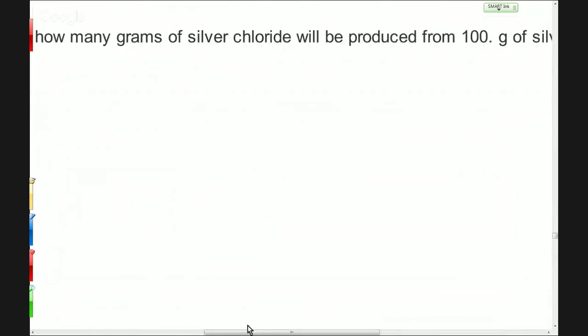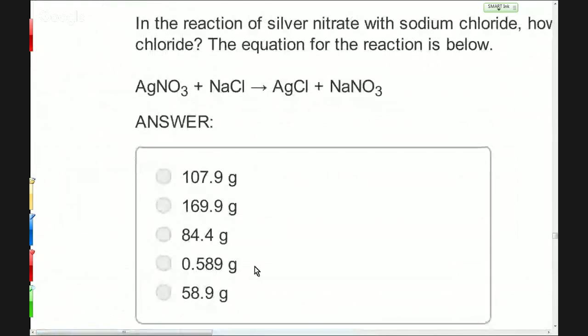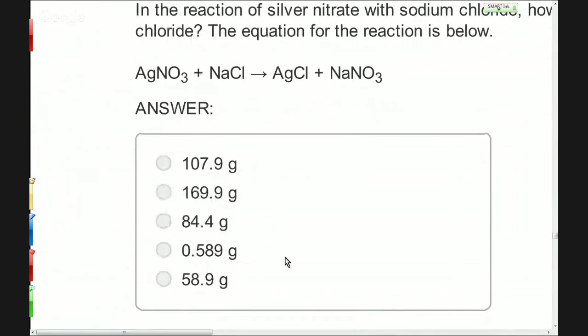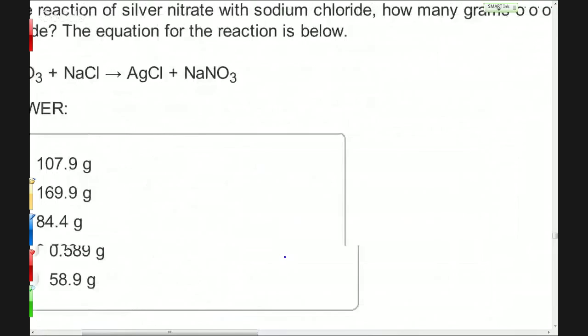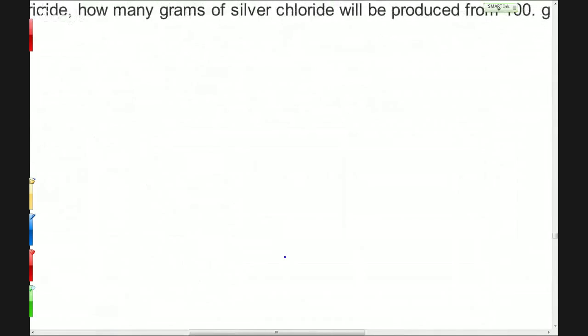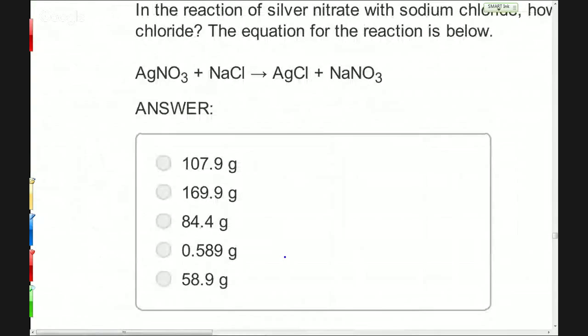So I'm going to zoom in on this so we can see the reaction better. And it says it's at 100 grams, right? If you have 100 grams of this, how much of that will you make?